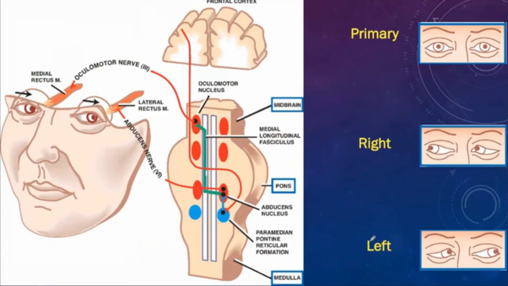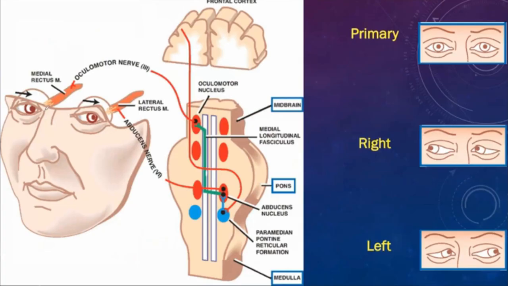The important application of the information about the medial longitudinal fasciculus here is the horizontal gaze or the horizontal eye movement. So let me remind you about the pathway of the horizontal gaze.